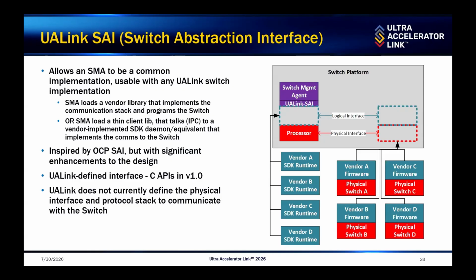It interfaces over to the switch silicon in whatever way is defined by that particular switch vendor, and implements the required APIs, the required functionality that we are defining. We are not defining a physical interface. We are not defining a protocol stack for that communication. We are really just defining the set of APIs that are required to be implemented.